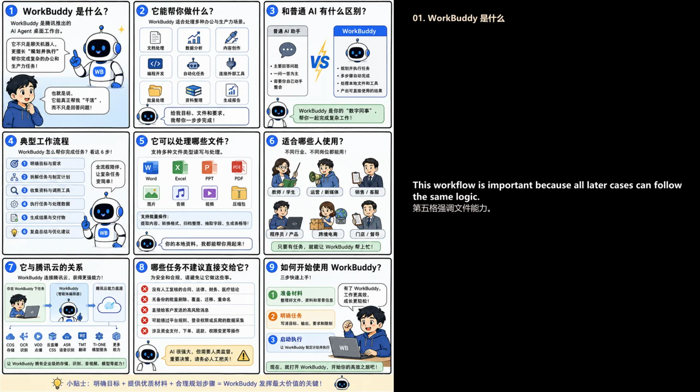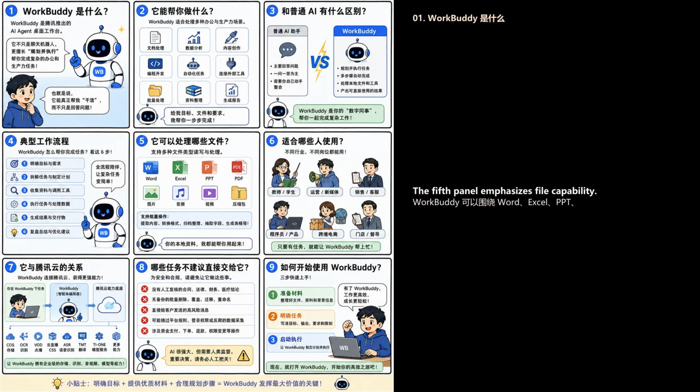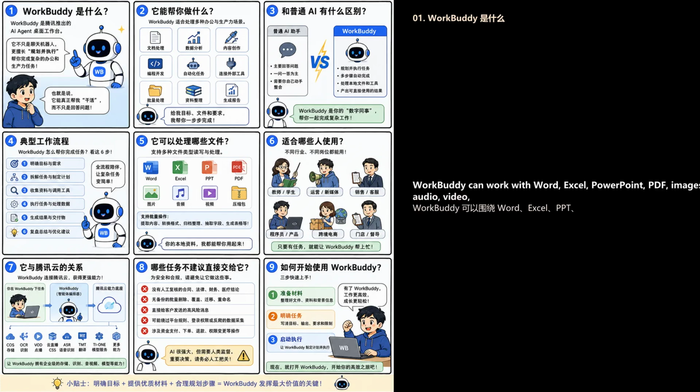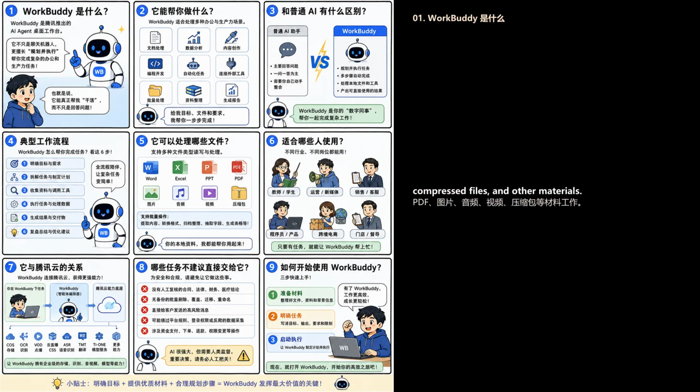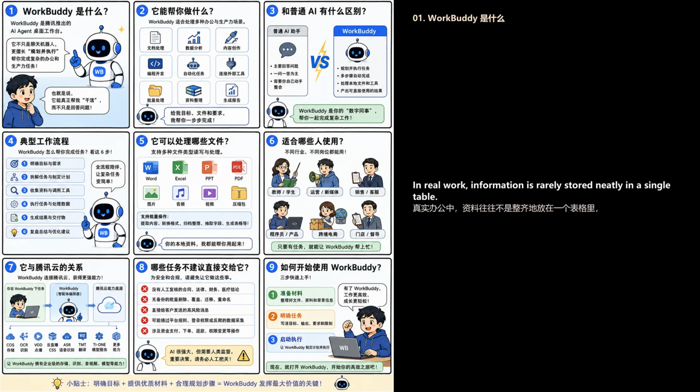The fifth panel emphasizes file capability. WorkBuddy can work with Word, Excel, PowerPoint, PDF, images, audio, video, compressed files, and other materials. In real work, information is rarely stored neatly in a single table. It is scattered across many formats. WorkBuddy's value is to connect those materials into one workflow.